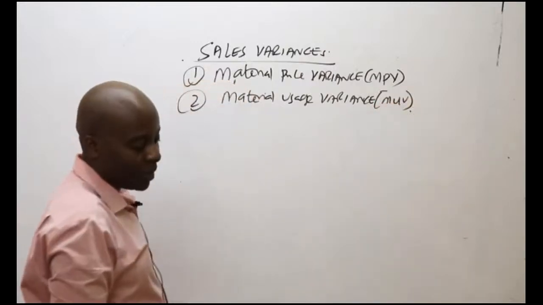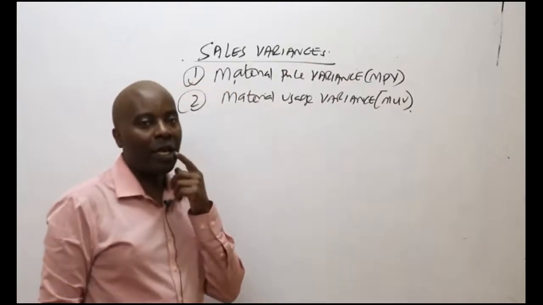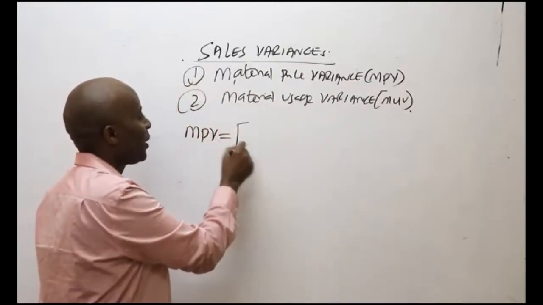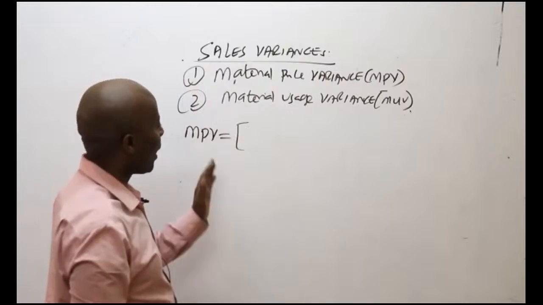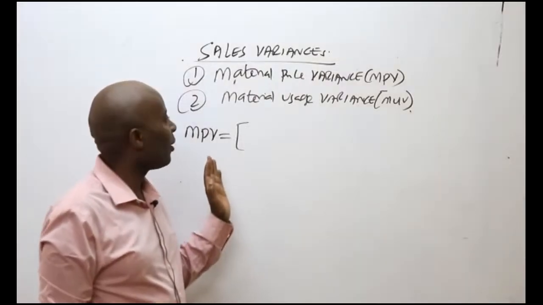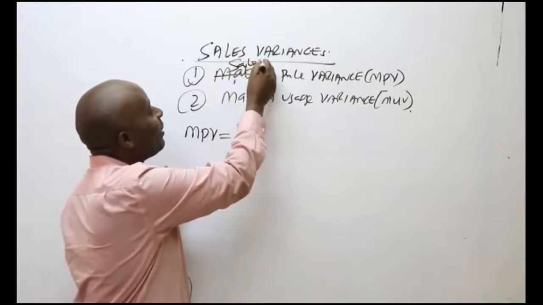So we have material price variance and the material usage variance. We start with the first one, which is the material price variance. How do we get material price, or not material, sorry, sales? I'm going back. This is supposed to be sales.